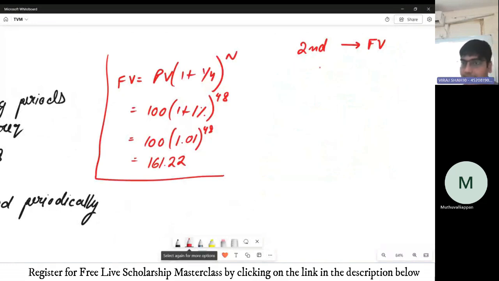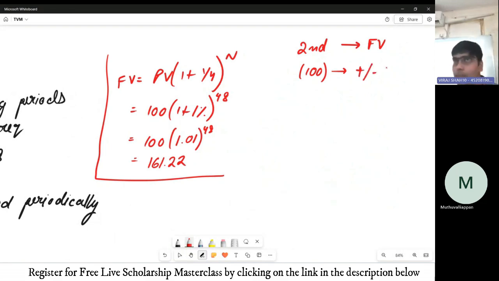So enter 100, press the plus minus button. ऐसे प्लस स्लैश माइनस बटन दिखेगा आपको, उससे नेगेटिव 100 हो जाएगा. Then press PV button to store it as PV. Then we enter N. N is 48. Enter 48 and then press N.